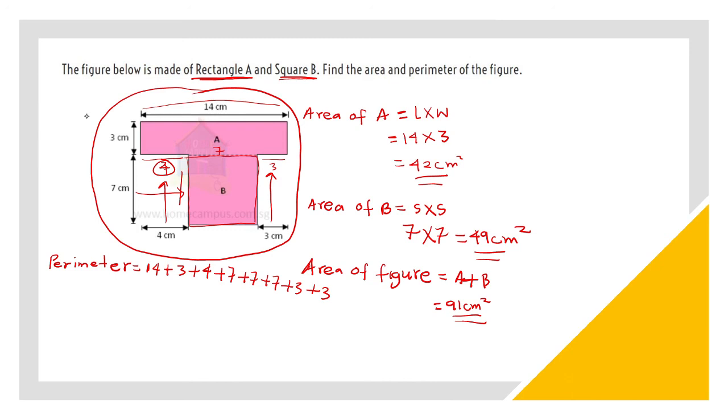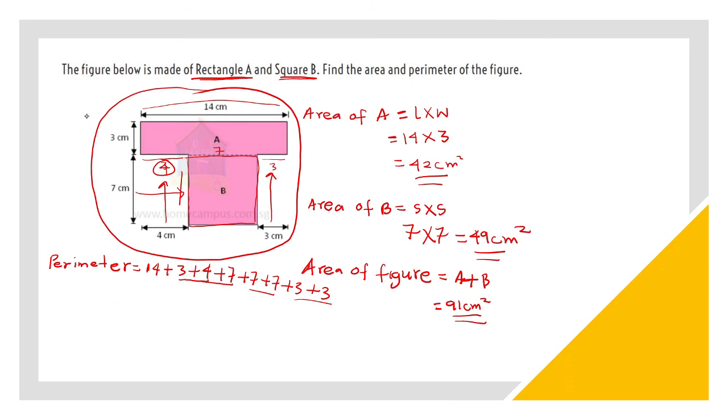Here you have 14. This is 7, right? 14 again, 14 again, right? So you have 14 three times, isn't it? And then you have 3 two times, is it? So 3 two times you get 6.